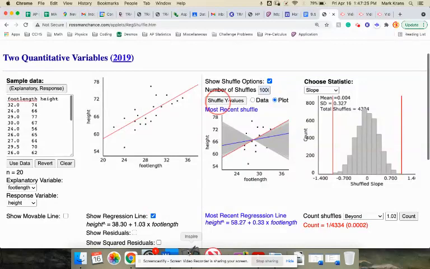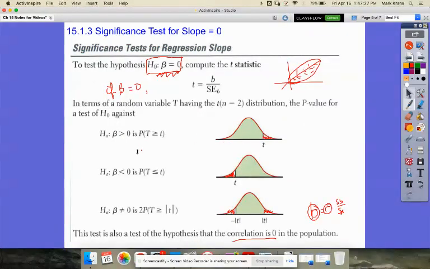Okay, so that's what we're looking for here. And that's what that p-value is really measuring. Okay, what's the probability that if there's no relationship, what's the probability that we would get a slope like ours or greater, right? Because this is the slope divided by the standard error of the slope.